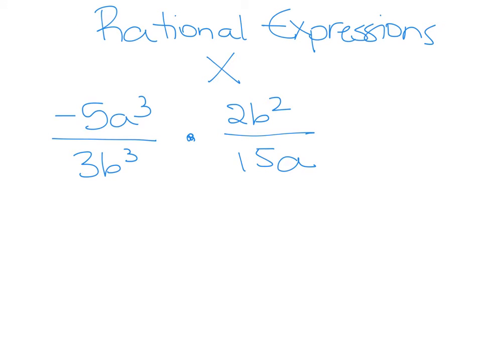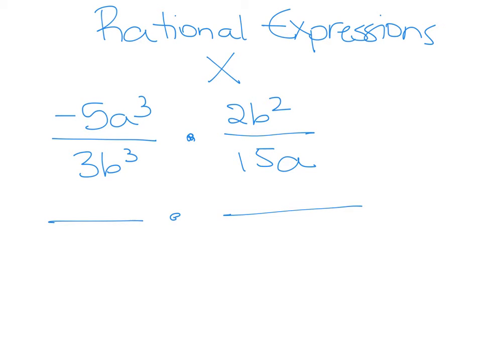Now let's see how this applies to rational expressions. My first problem is negative 5a cubed over 3b cubed times 2b squared over 15a. We're starting with a problem that has just monomials in it. There are no binomials or trinomials. First, we have to factor everything, just like with the math problem.